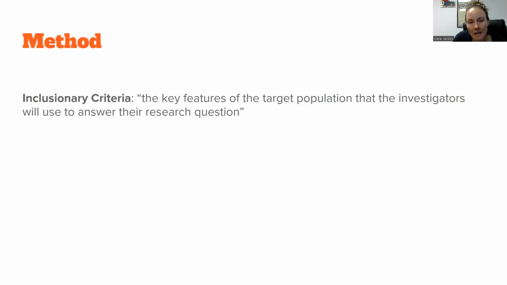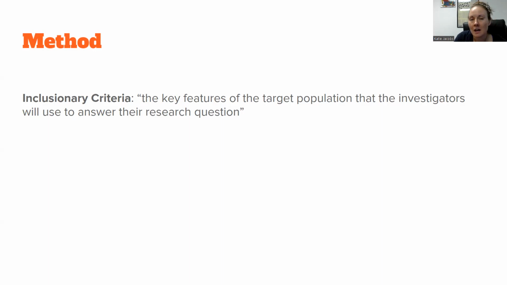So if I am doing a study on people with depression, and I want to examine suicidality in people who are depressed, one inclusionary criterion might be that my participants have a DSM diagnosis of major depression. It could be a formal diagnosis, right?